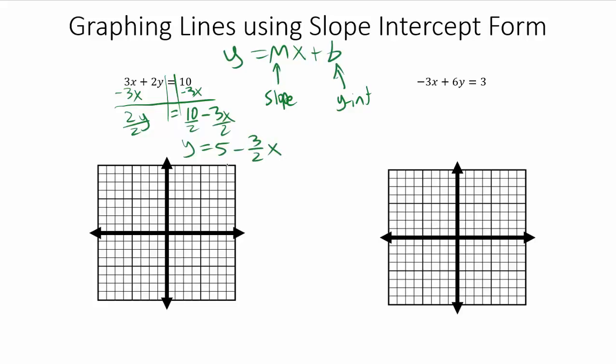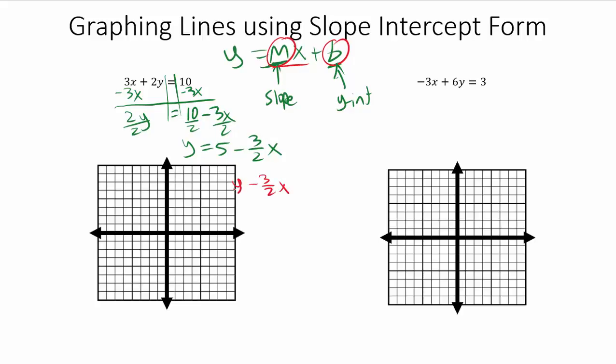And this answer is not wrong. We could totally graph it this way. But on a lot of multiple choice tests, you probably wouldn't see this answer. They would write it so it looked a little bit more like slope-intercept form, where they write the mx part first and the b part second. So let's rearrange this. Since this 3 over 2x is negative, I'm going to put that first.